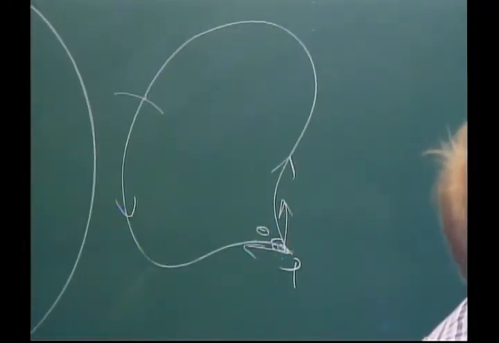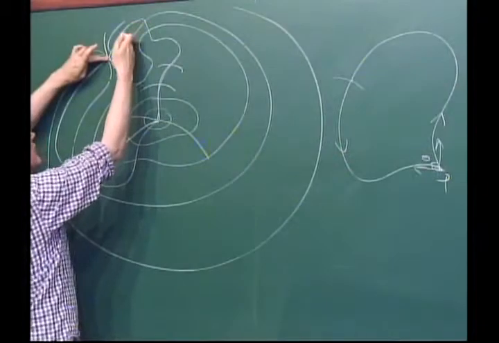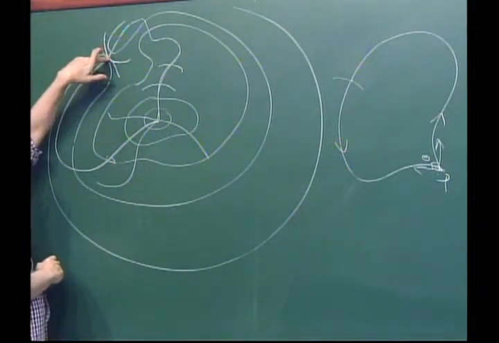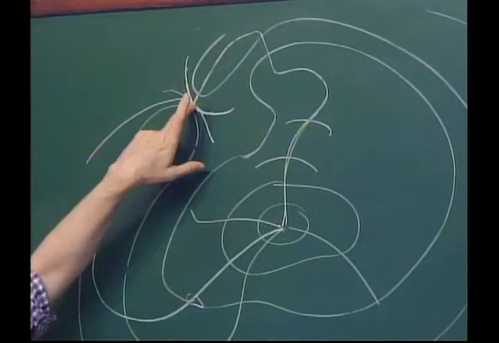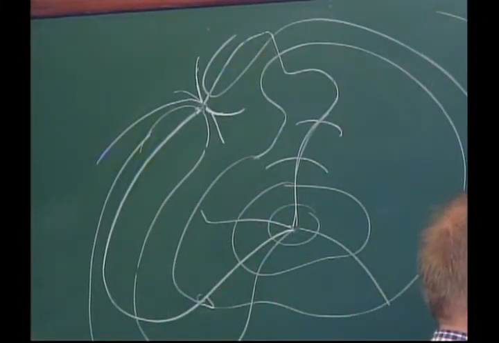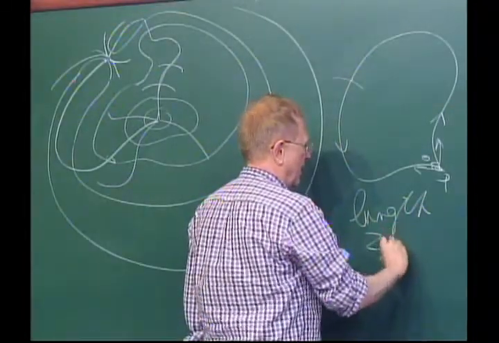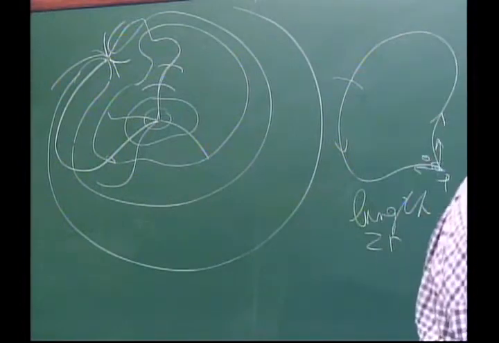And it has length 2r, because this happens at distance r, so this is a minimizing geodesic up to here. So this arc is length r, and this is length r. Our problem happened here. So this geodesic loop has length 2r. Okay, so that's pretty simple, easy to understand.